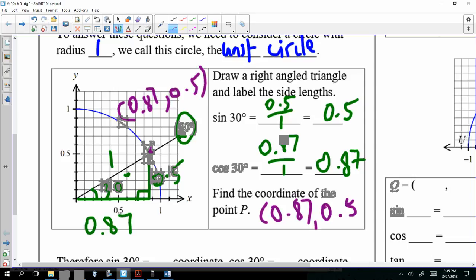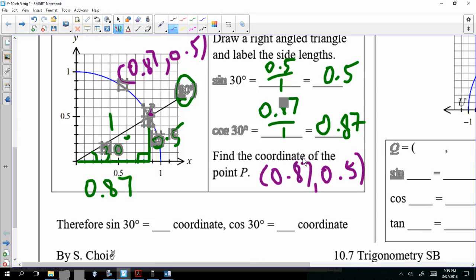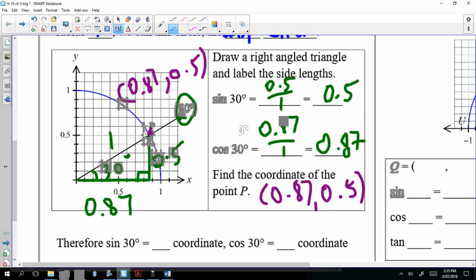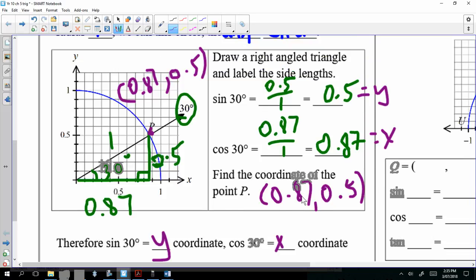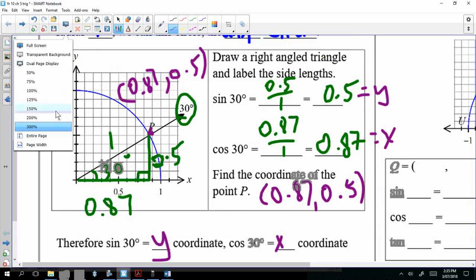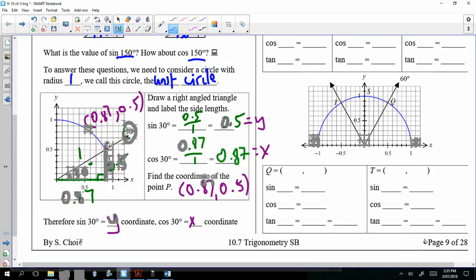Can you see any connection between the point P and the values of sine 30 and cos 30? That must be the same, right? So we see that sine 30 is exactly the y value, and cos 30 is the x value of the point. Now we have some connection between the coordinates of the point and the trigonometric ratio.